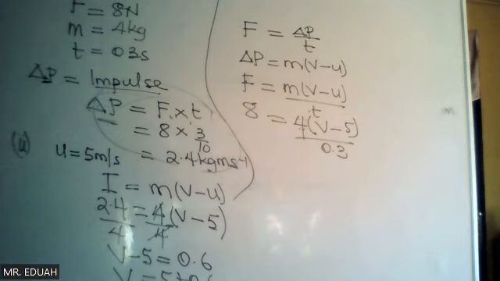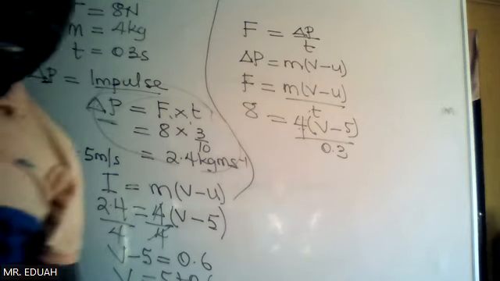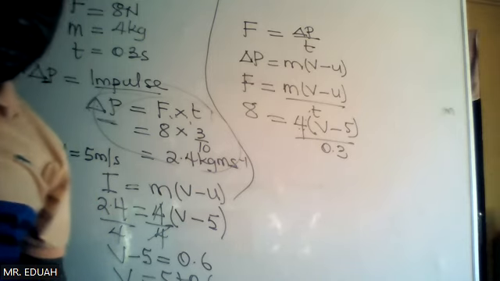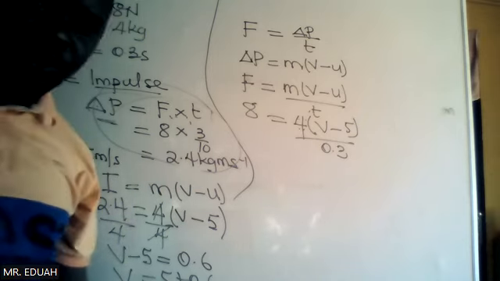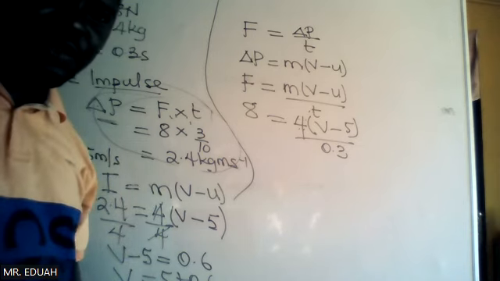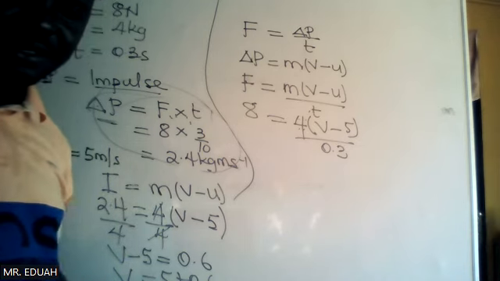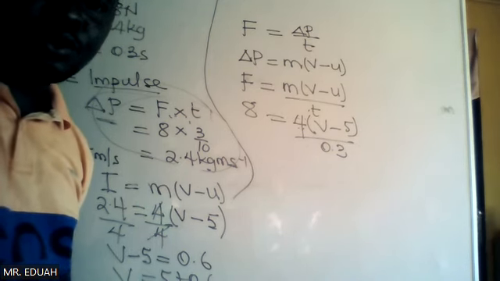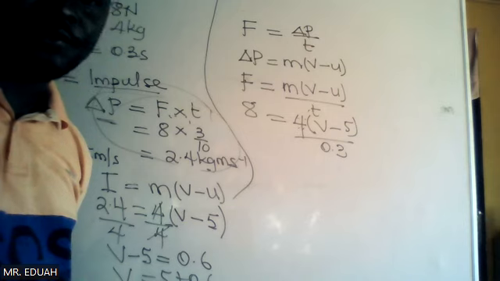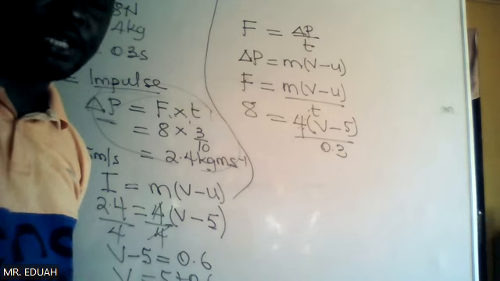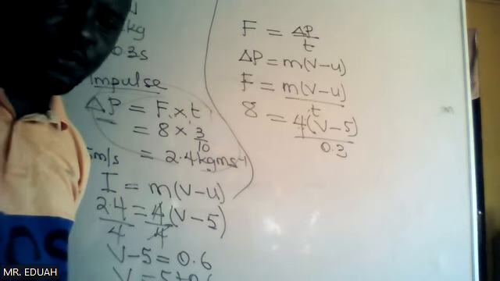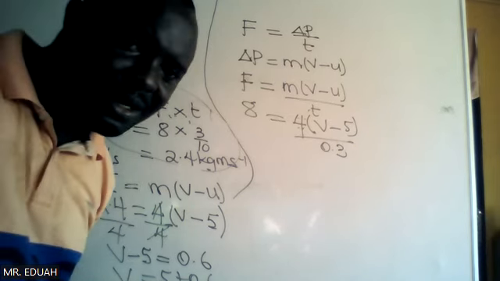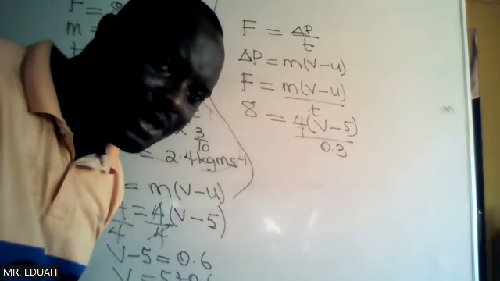All right. The last question. How far will it travel in this time? A volunteer to take us through. Who would volunteer? I have 16 of you. Okay, 15, including myself. Who would volunteer to take us through this? Else I'll call you.